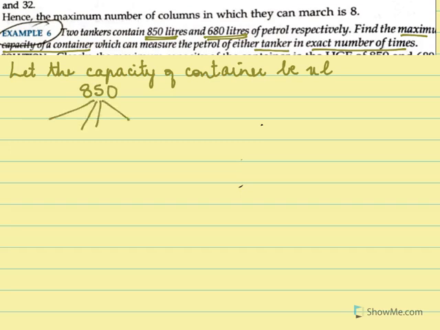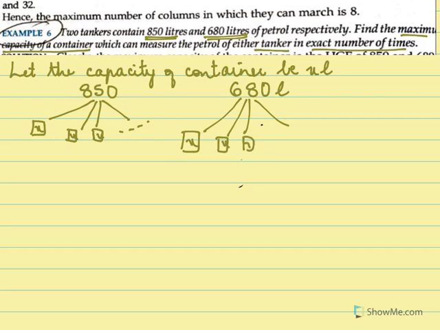So 850, you have these little containers, x and x and so on. Then we have another one of 680 liters. 680 liters also has to be measured with a container x, x, x and so on. So you'll definitely agree x has to be a factor of 850 and x also has to be a factor of 680.